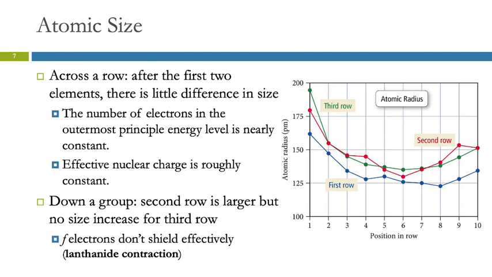So you've got higher effective nuclear charge, and so it pulls the electrons in. As you go across, the atoms get smaller, which is not what we expect for the transition metals. Here we see a trend in the first 2 that the second one is smaller than the first one. But after that, there's not a lot of change. There's some variability here, but not a lot of change.